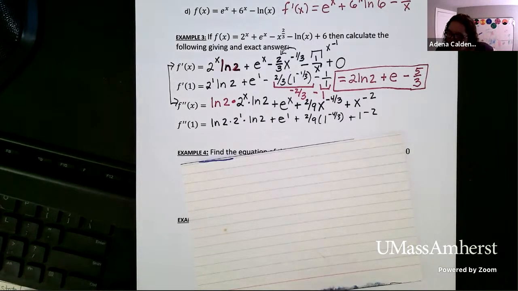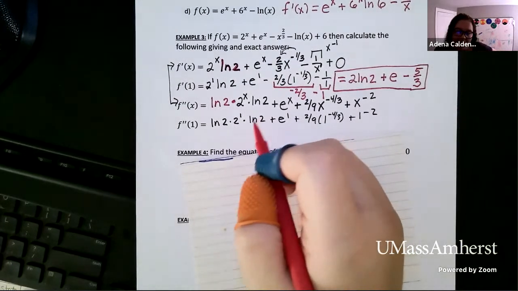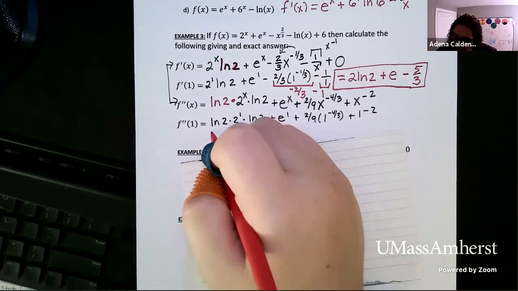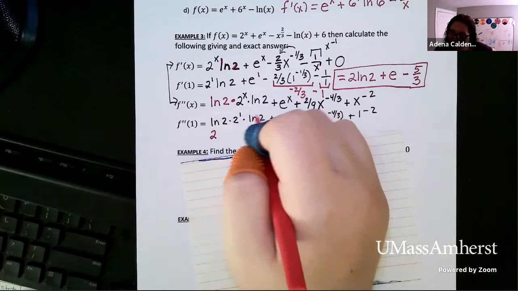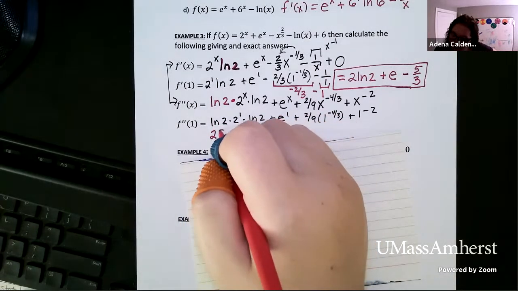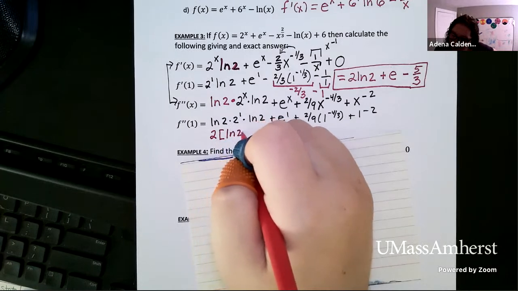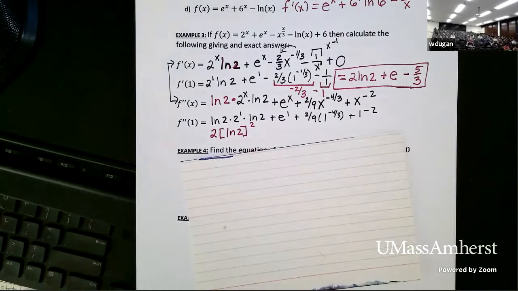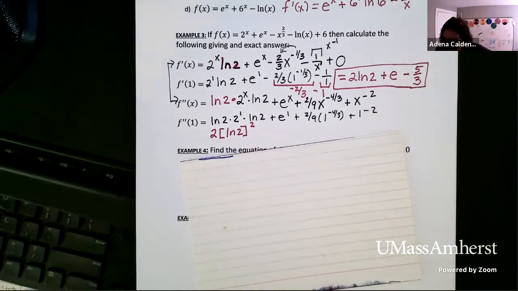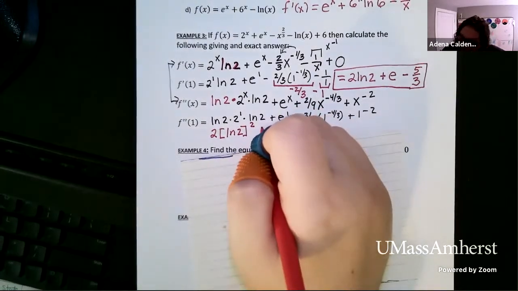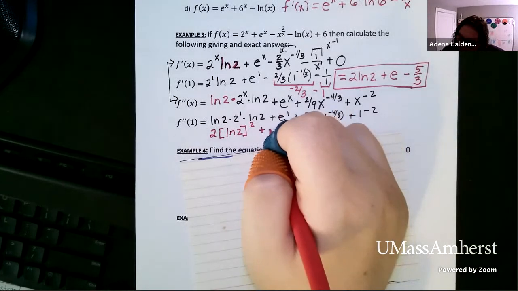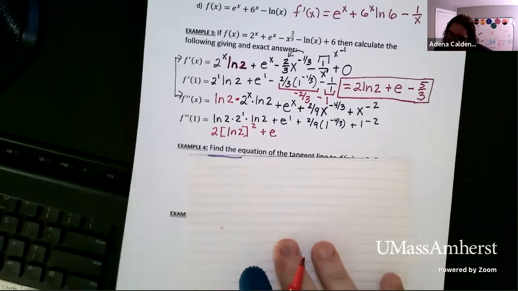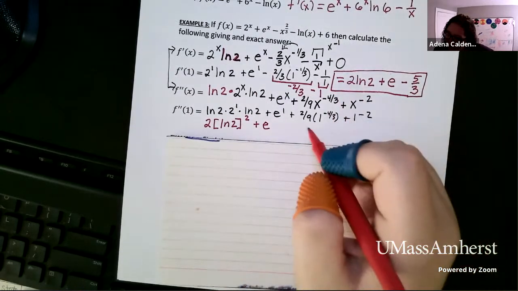So again, the natural log of 2's are irrational, so I don't want to change them. 2 to the 1 I can write as 2. Now, since I have 2 natural log of 2's, I'm probably going to write this as the natural log of 2 squared. There's 2 of them, so if we multiply them together, we get something squared. Plus, now e to the 1, right? Again, I'm not going to change that because if I turn it into a decimal, it won't be exact anymore.